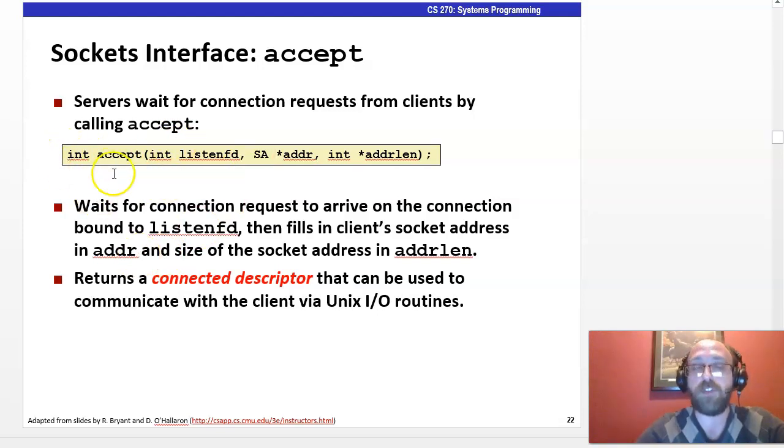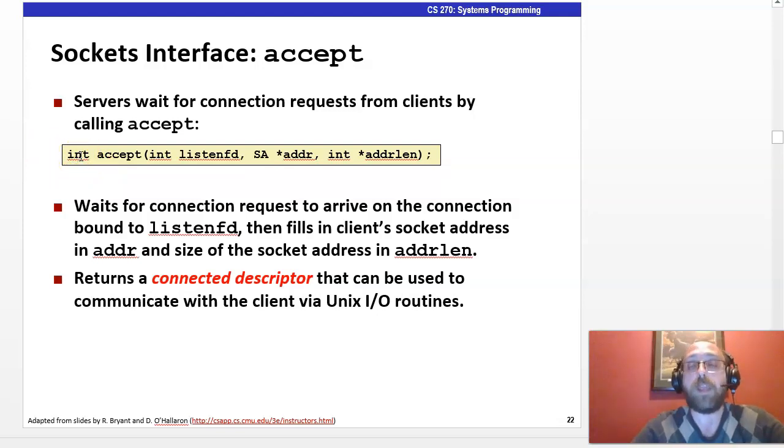But it also returns an integer. So when a connection comes in, accept will create a new file descriptor. The listening file descriptor is still there. It's still listening for connections because multiple connections might come in. Accept returns a new file descriptor that is a connected file descriptor.